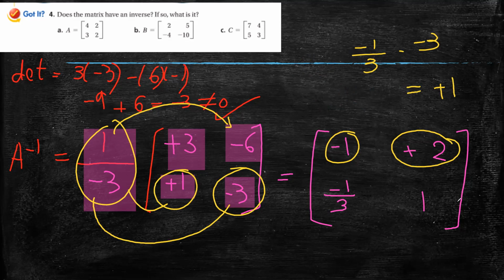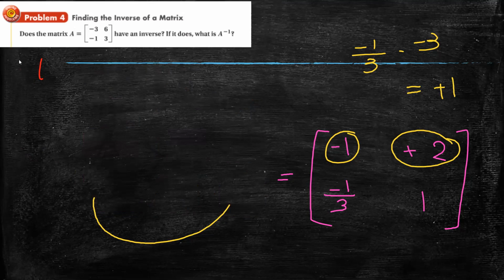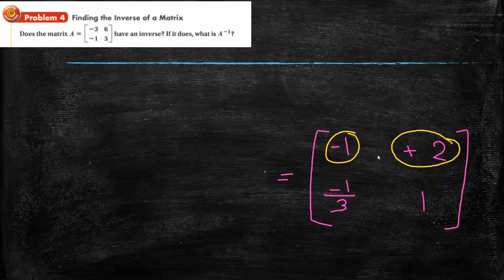Now, we found this inverse matrix. Let's see now. I will not ask you to do it, but here we want to check. If we multiply the original matrix, I told you that multiplying a matrix with its inverse, you will get the identity matrix.